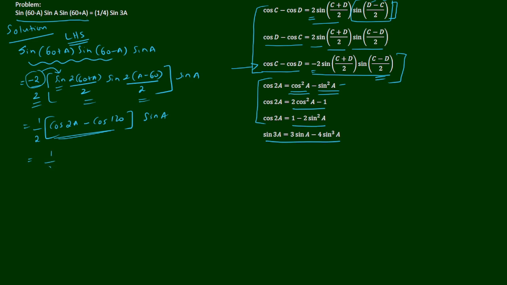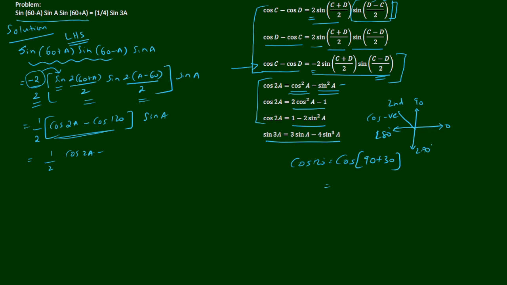So 1 by 2 cos 2a. Now we got to solve the cos 120. Cos 120 is actually cos 90 plus 30, as cos 120 is in the second quadrant where cos is negative. This is 0, this is 180, and this is 270.